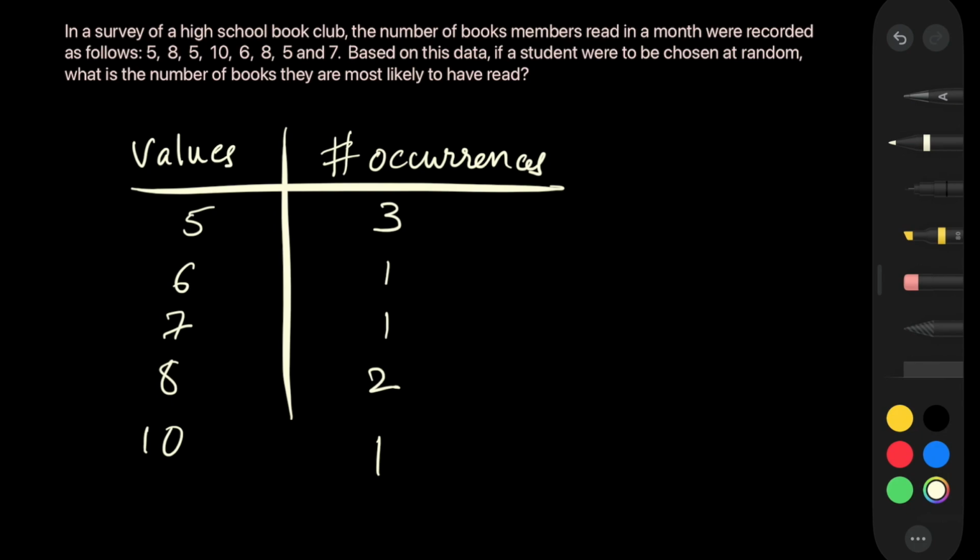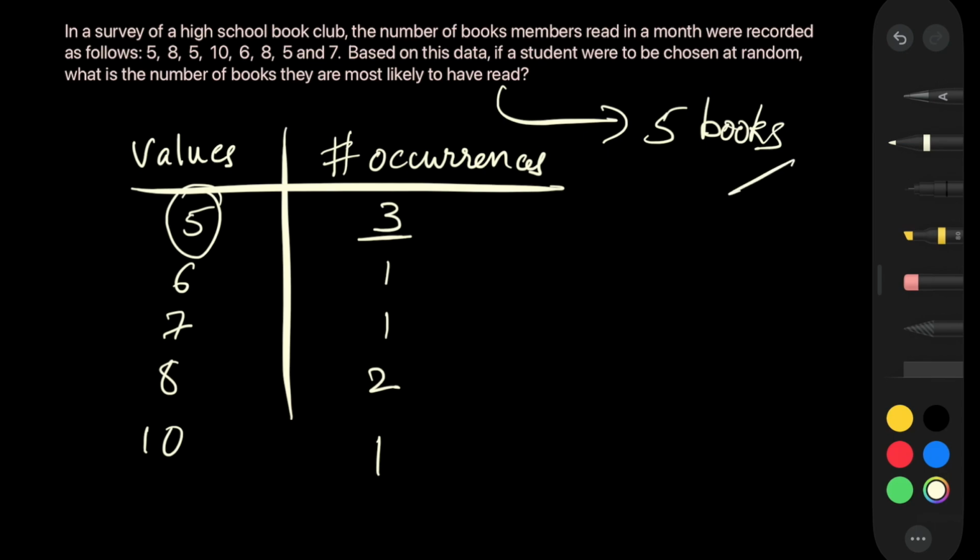So in this, we can see that the value 5 occurs 3 times, meaning if a student were to be chosen at random, they are most likely to have read 5 books, which is the mode of this data set.